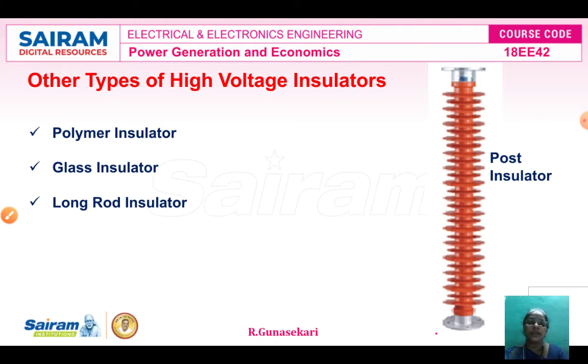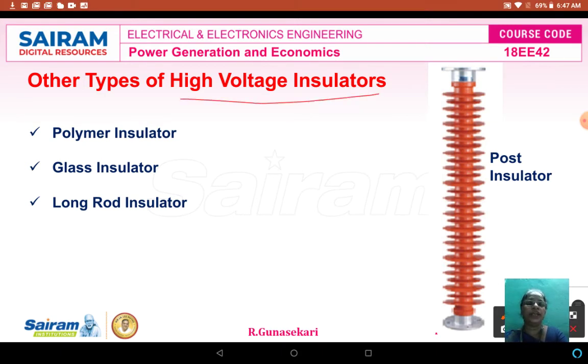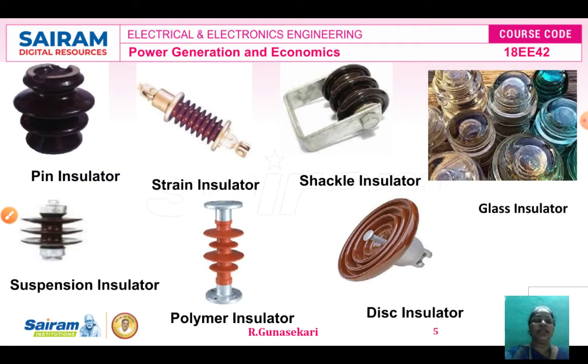Other than rating, the high voltage insulators are also classified into polymer insulators, glass insulators, and long rod insulators. Now you see the diagram. This is the post type high voltage insulator. Now you see images of the different types of insulators for understanding purposes.